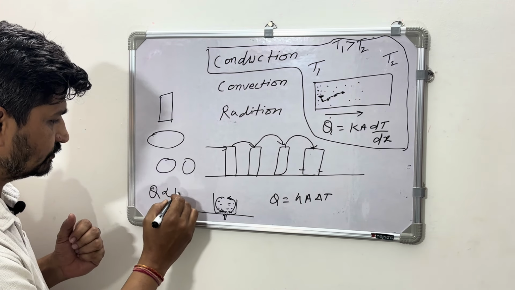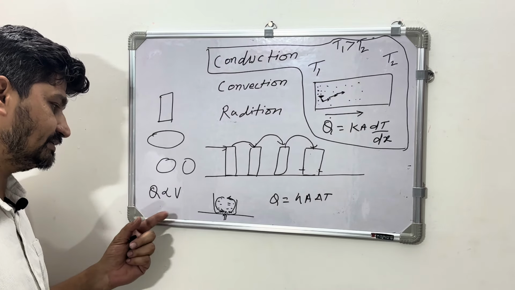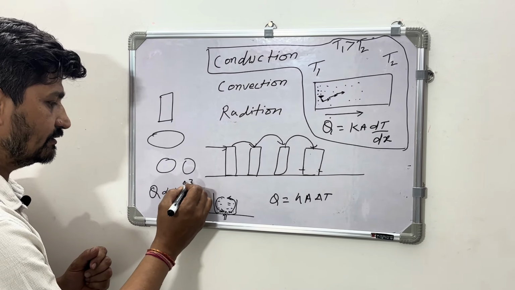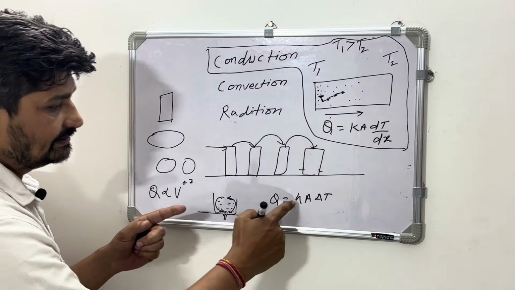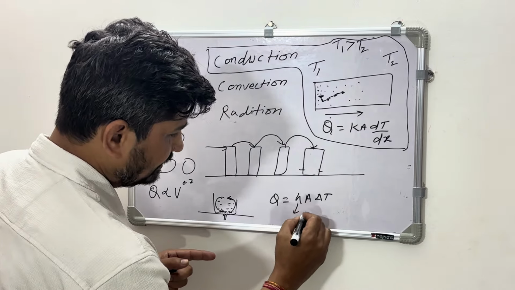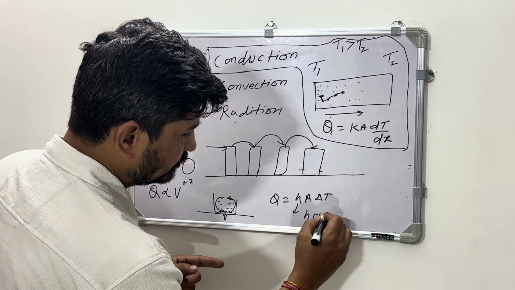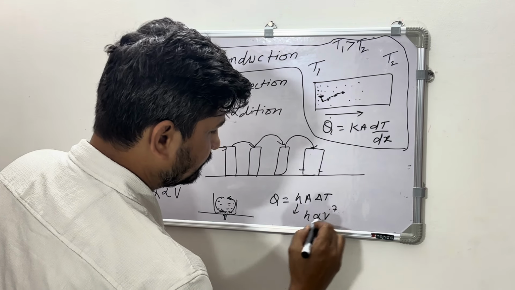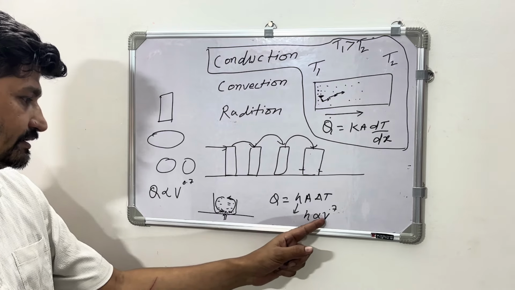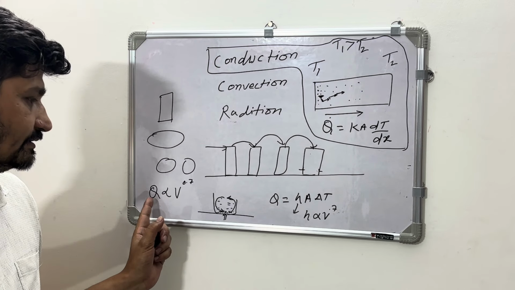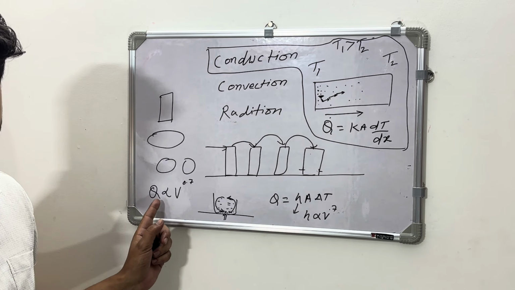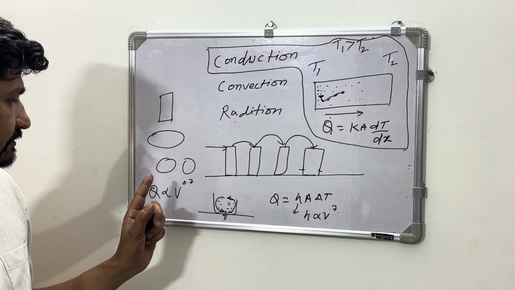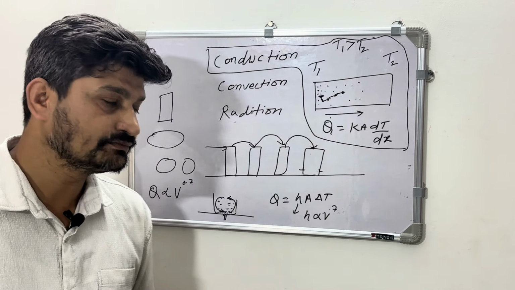I showed you that heat dissipation is directly proportional to v raised to power 0.7, because h is directly proportional to v raised to 0.7. So heat dissipation is dependent on velocity.